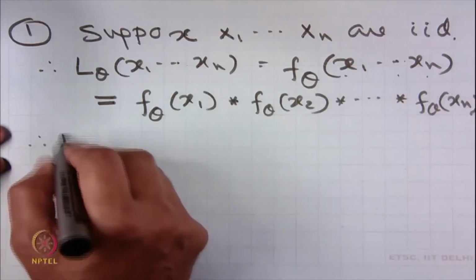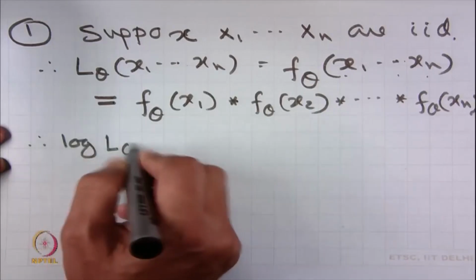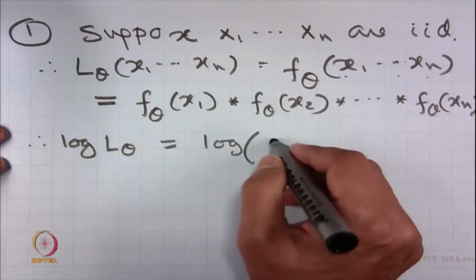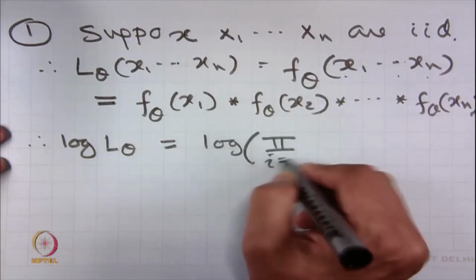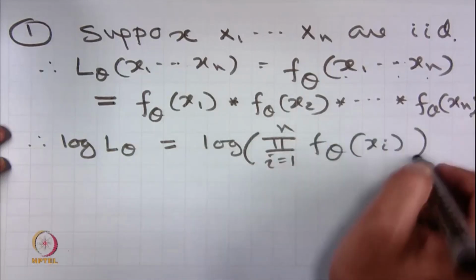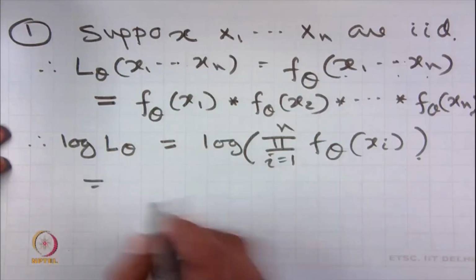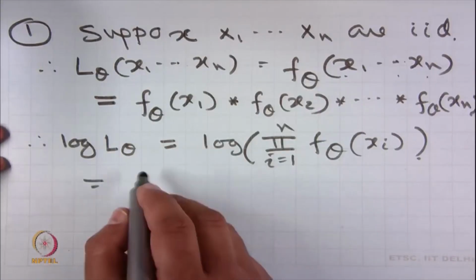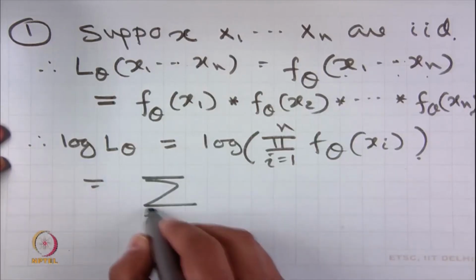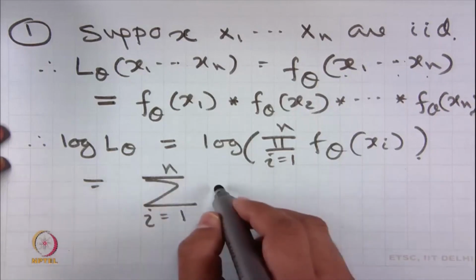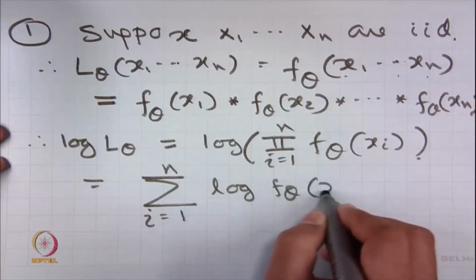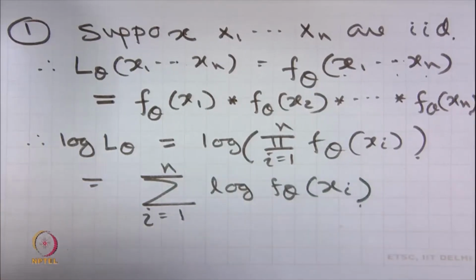Therefore, log of L theta is equal to log of the product. And since log of product is equal to sum of the logs, this is same as sigma i equal to 1 to n log of f theta xi.